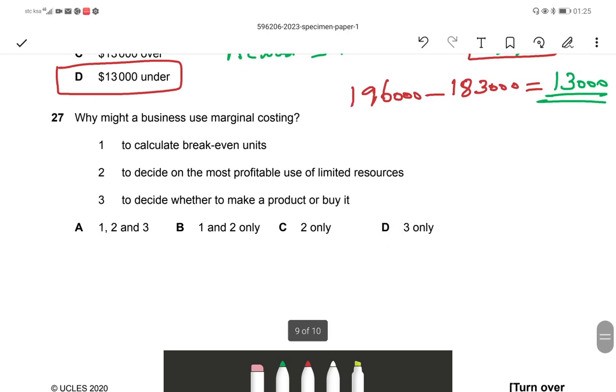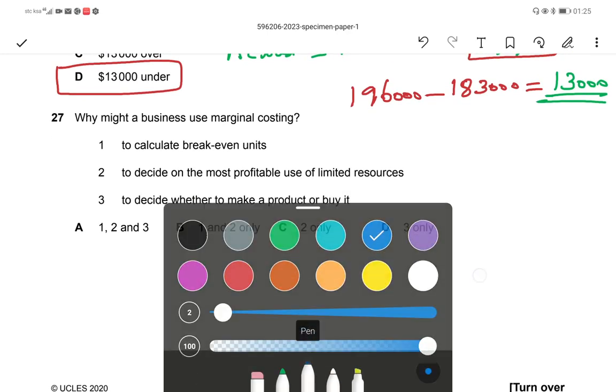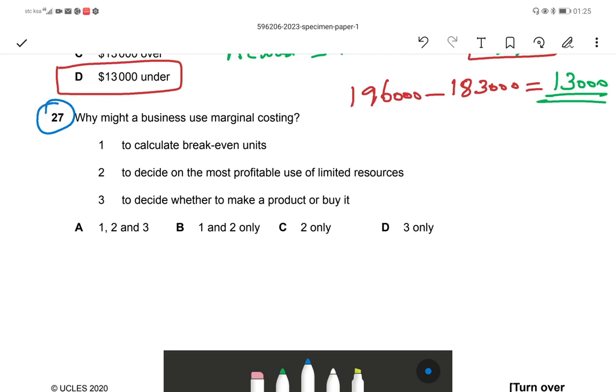Next, question number 27. Why might a business use marginal costing? Marginal costing means calculation by using the variable cost.